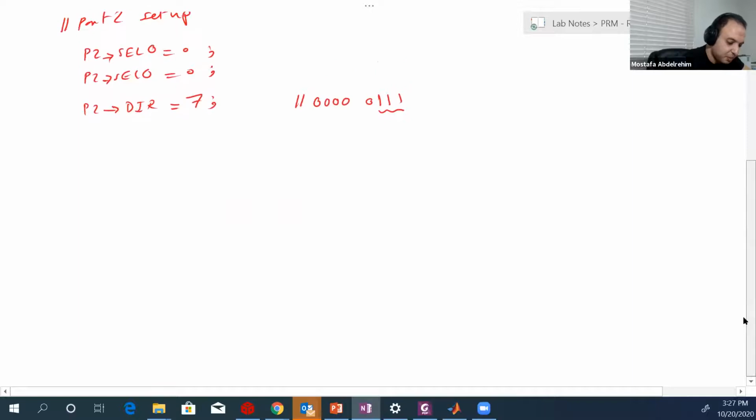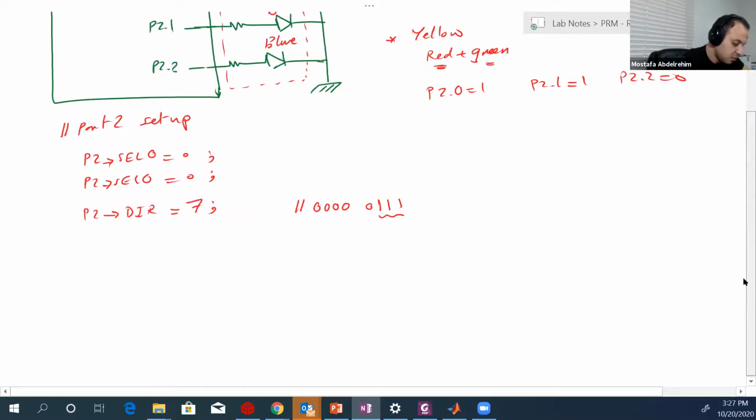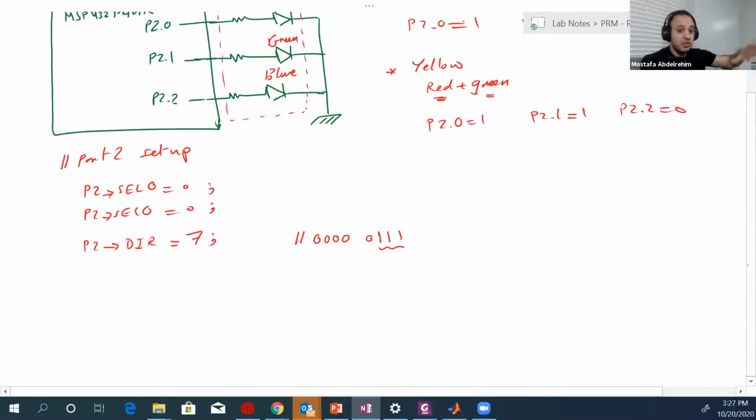This is the setup. Now the microcontroller knows that B2.0, B2.1, B2.2 are GPIO pins and they are output pins, so it will send signals through these pins.